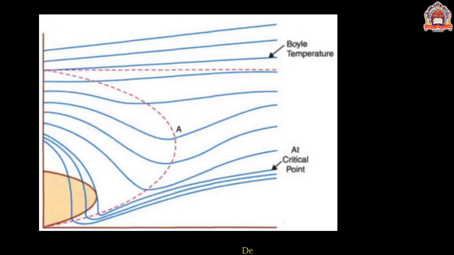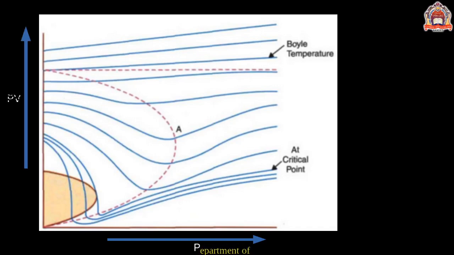So here's the nature of isothermals between PV and P. On the x-axis we are taking the pressure, and on the y-axis we are taking the pressure volume. And these isothermals for various gases have been drawn, and the general nature of the curves is as shown in this figure.